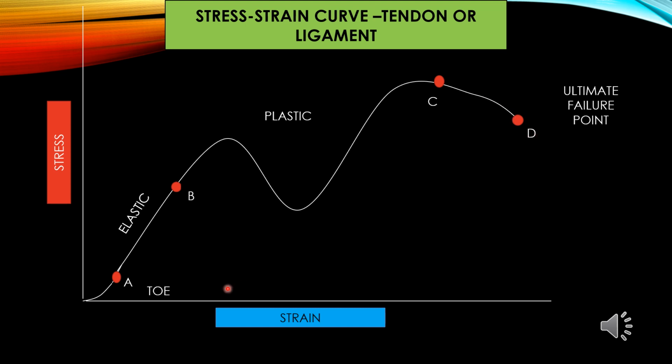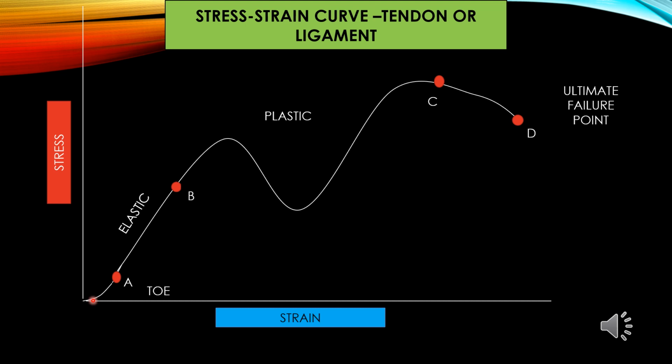If we talk about any tendon or ligament, it has a crimp-like structure. Whenever we start loading the structure, the first thing which happens is that they straighten up. That is known as the toe region, which is very crucial, because at this stage we can check the integrity of that ligament, and a small amount of force can produce a large deformation in this region.